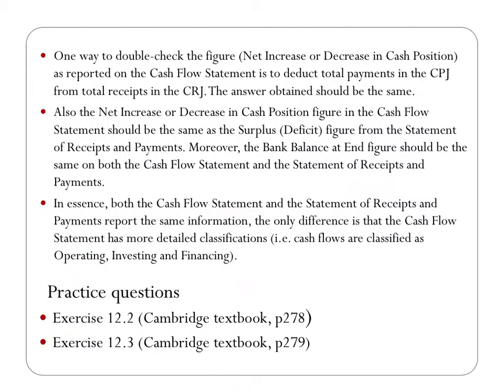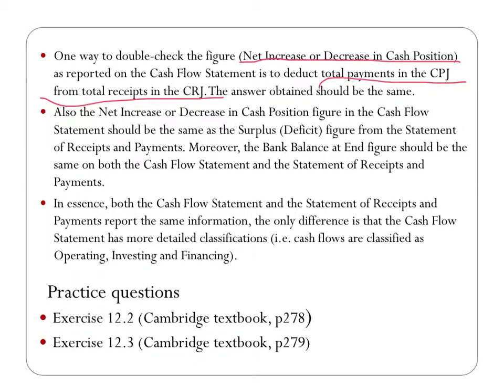And one way to double check the figure, the ultimate figure we're talking about here, the net increase or decrease in cash position as reported in the cash flow statement, is to deduct the total payments in the cash payments journal from the total receipts in the cash receipts journal. Okay, the answers you obtain should be the same.